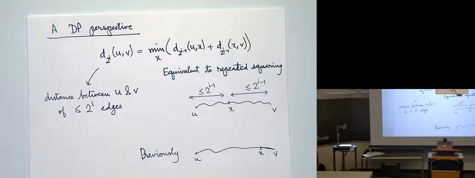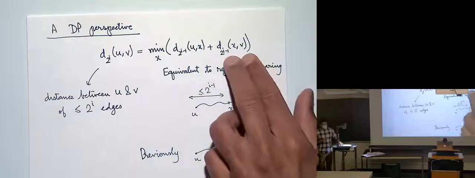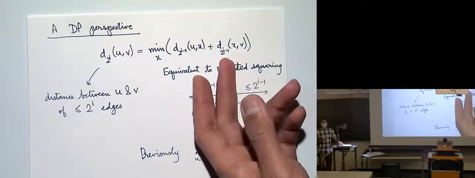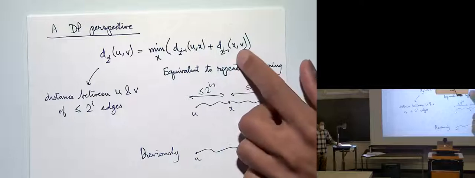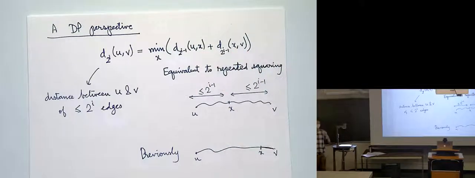What you can start doing is, if it's undirected, then what you get is symmetry. So you can actually flip the v and the x, which means that if you're only trying to get the distance from u to v, that's all you care about, then what's nice is it's like a meet in the middle approach.